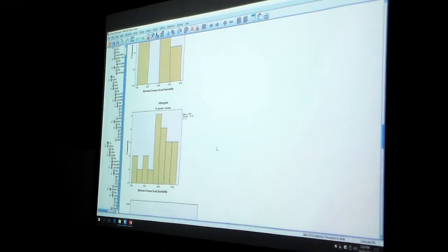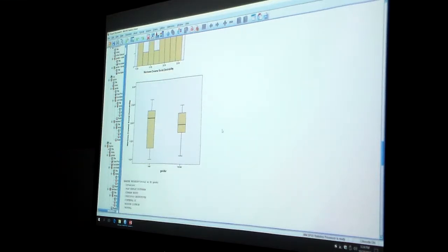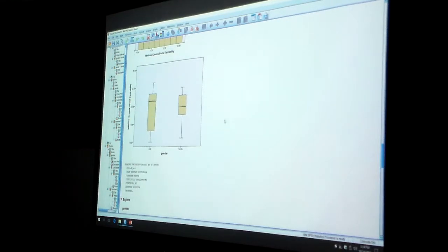For the women, they're looking reasonably normal, given a sample of 20. Again, here we might say it looks like some potential negative skew in the box and whisker plot for women, right? But nothing too much going on here.